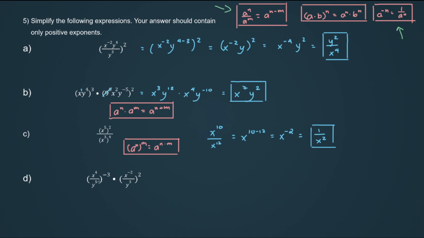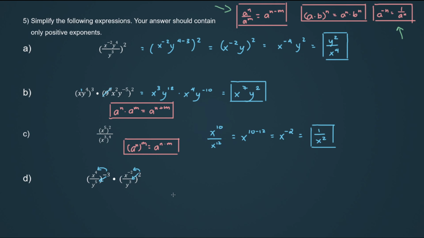Last but not least, 5d. We have a fraction raised to an exponent, another fraction raised to an exponent. We're going to use that trick that I taught in that review video. Just distribute that outer exponent by multiplying it to all of the exponents inside, because we don't have any plus signs or minus signs. Actually, there's no multiplication here, it's just divisions inside.